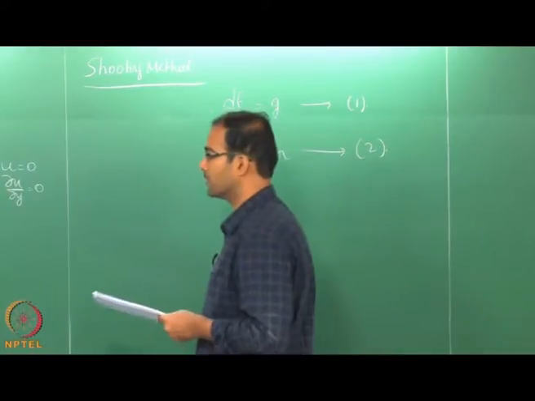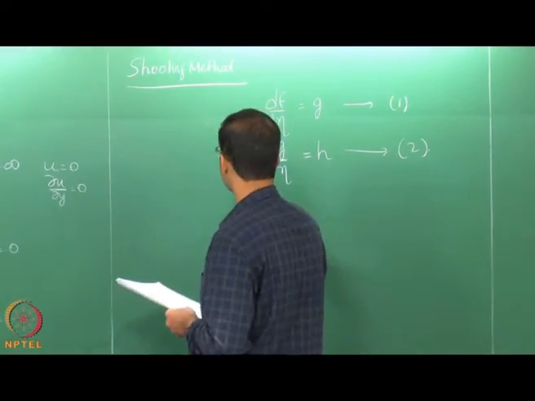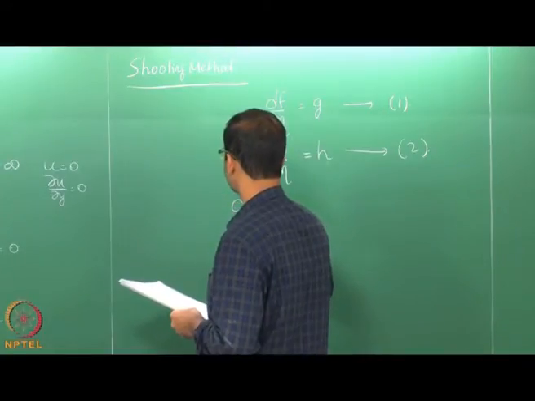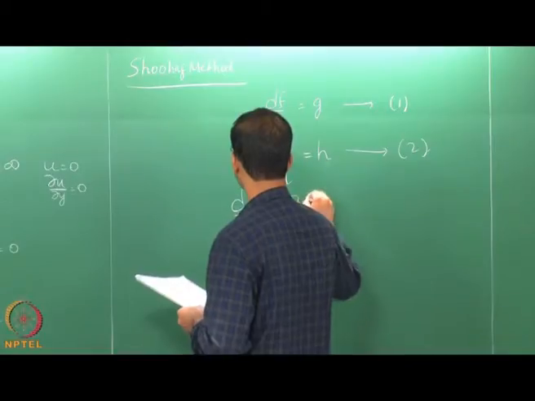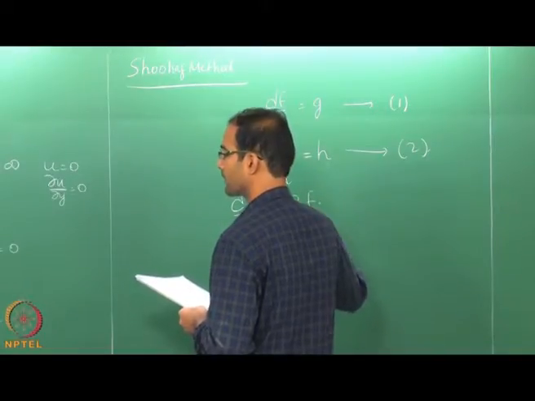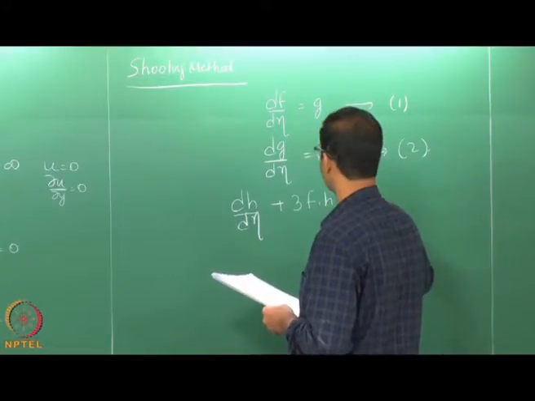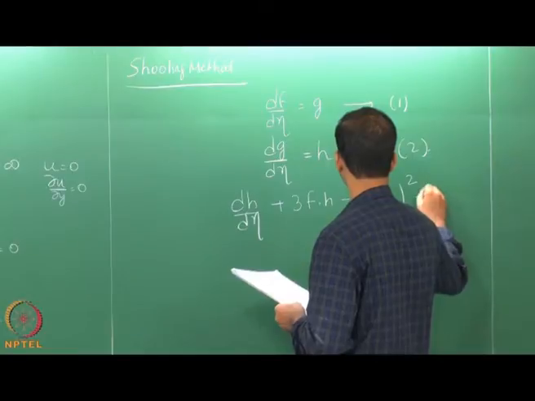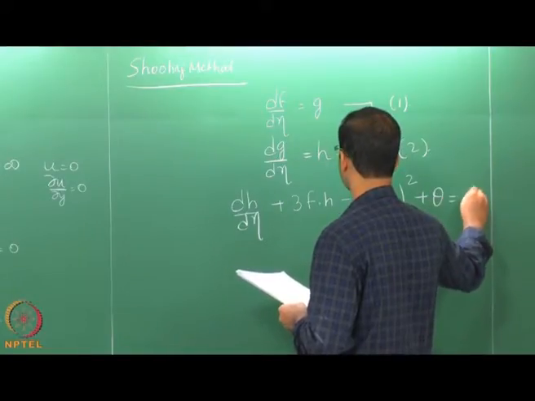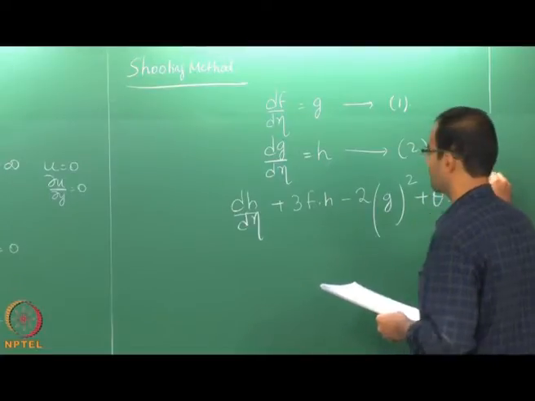Okay. So, what will be d cube f by d eta cube? dh by d eta, okay, plus 3 times f into h minus 2 times g whole square plus theta equal to 0. So, this is your third first order ODE.